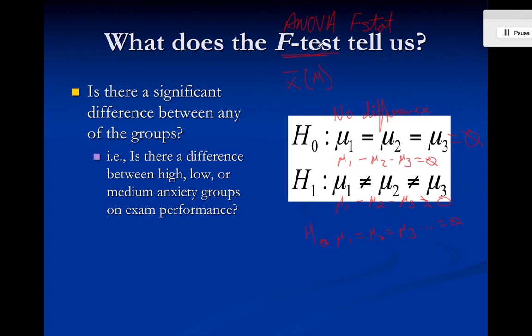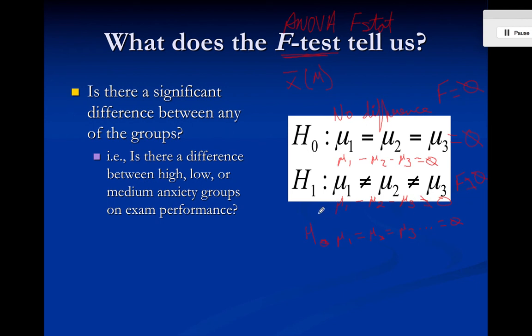Now, since I told you that ANOVA provides us with the F-statistic, the null hypothesis is going to predict that the F-stat is equal to 0. For the alternative for ANOVA, the F-stat is predicted to not be equal to 0. So always remember that. The null always predicts 0, no matter what your statistic is. The alternative predicts that your F-stat would not be equal to 0.